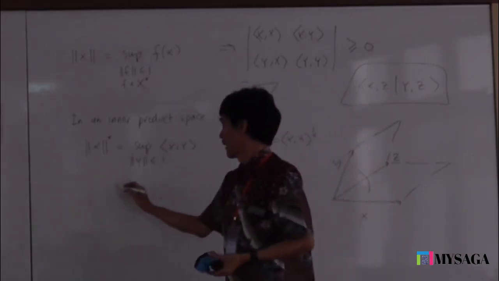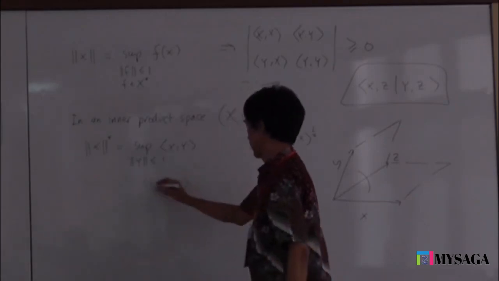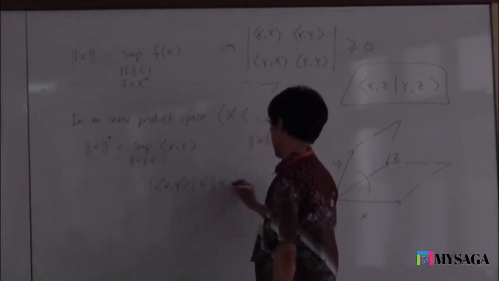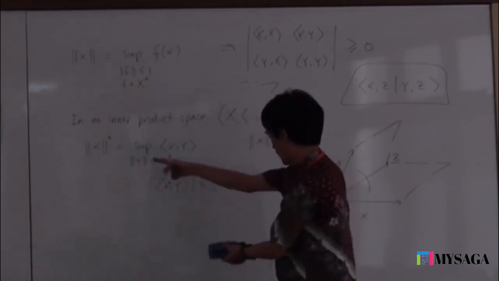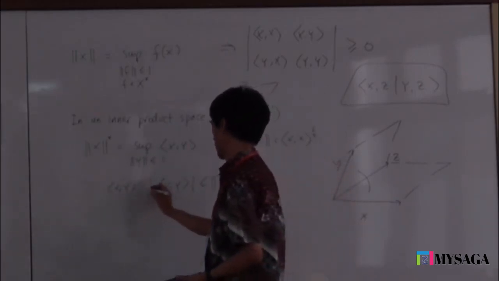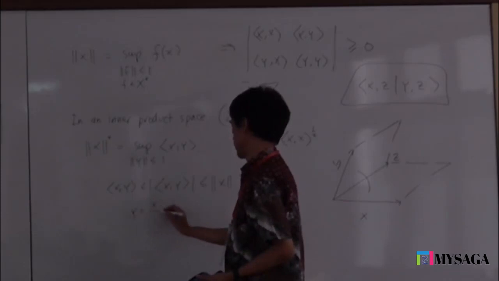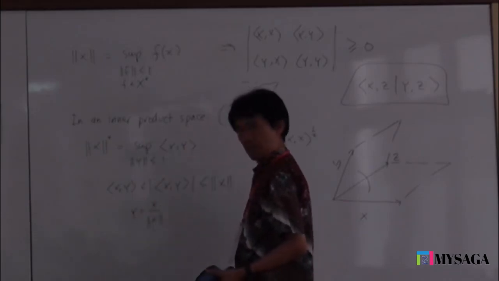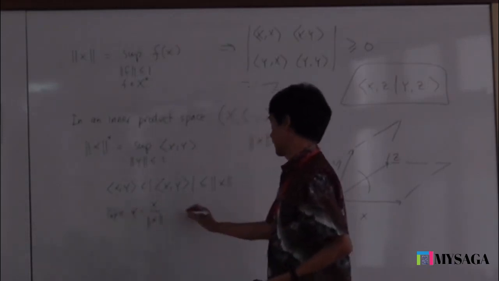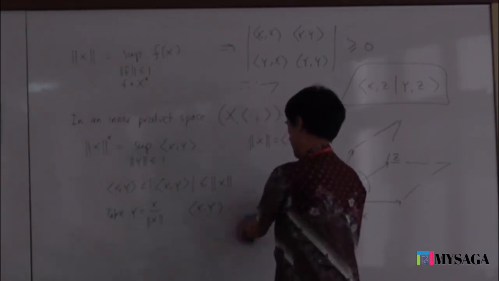Because by the Cauchy-Schwarz inequality, you know that this absolute value, if this is real, is less than norm x times norm y, but norm of y is less than 1, so less than this. And then the supremum is attained by taking y equal to this vector, then this is equal to norm x.